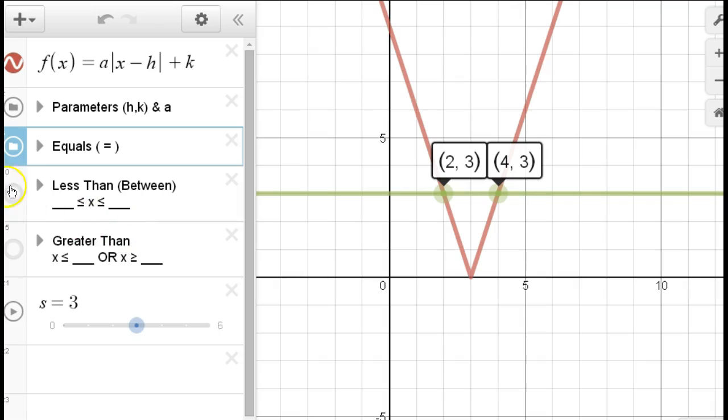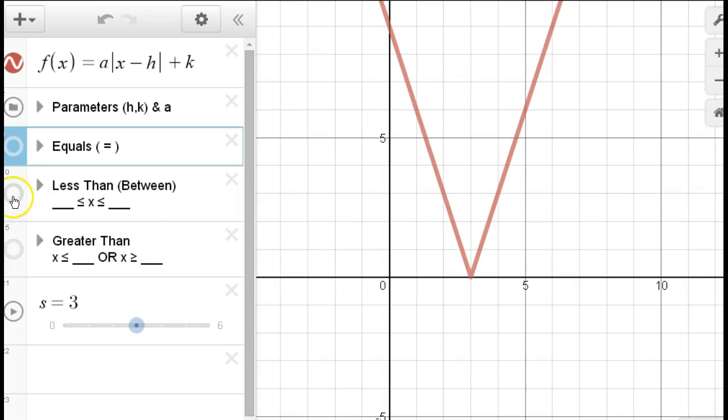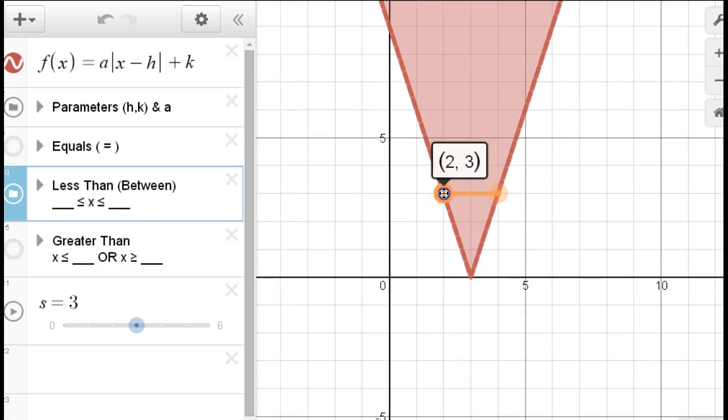So the next question is, well, what happens if they're less than or greater than? So look at inequalities. In short, in this case, if it's less than, you actually get a range of answers between 2 and 4. Instead of just being 2 and 4, we get an answer between 2 and 4.